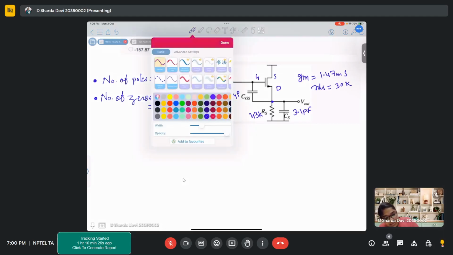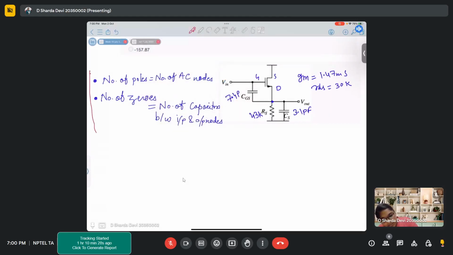These are the two things which are very important. So kindly keep this in mind whenever you have to calculate poles and zeros, rather than solving huge transfer functions. This is the easiest way you can find the values of poles and zeros. First of all, check for AC nodes. The number of AC nodes you have, that many poles you will get. And from there, you can find the dominant pole, which has the largest values of R and C, so the pole 1 by RC will be smallest.